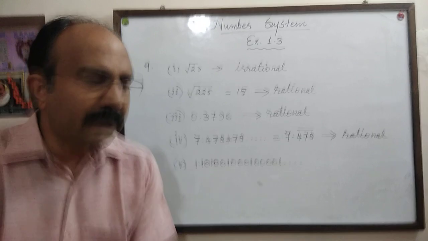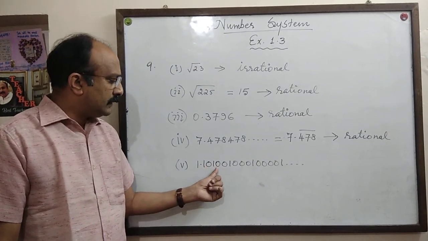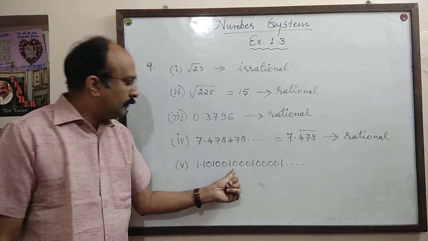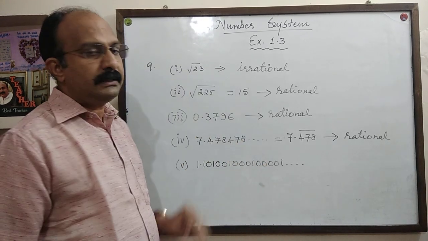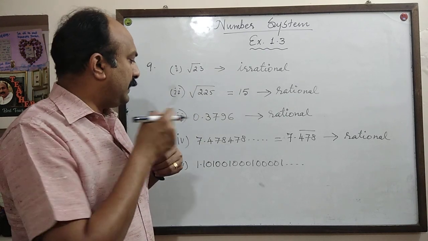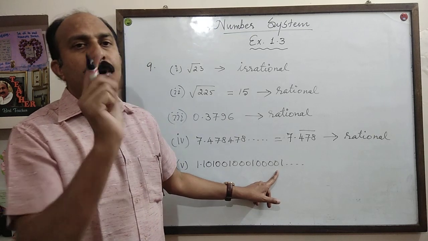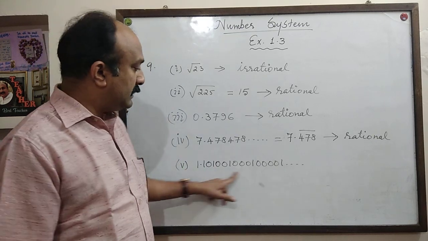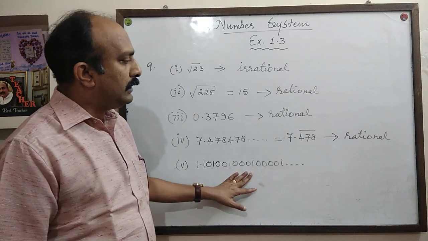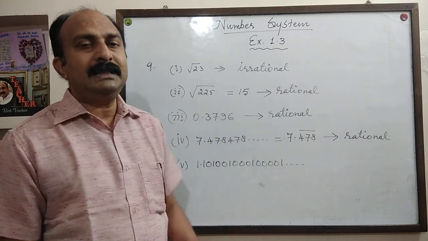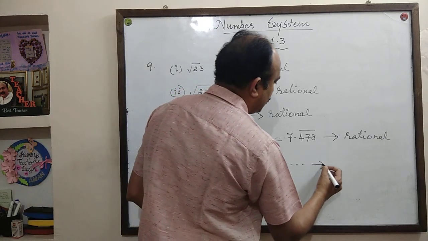You can very well see in this question, first is 1 0, then 1 00, 1 000, 1 4 times 0 dash dash. Already we have discussed this type of question. This part of the decimal is non-terminating, non-recurring. This is a non-terminating, non-recurring decimal. Every non-terminating, non-recurring decimal is irrational. So this is irrational.